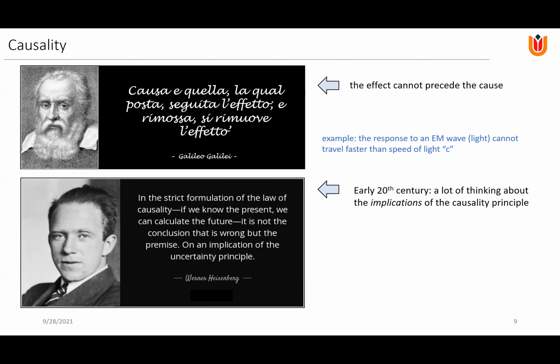The implications of this causality principle were given a lot of thought in the early 20th century by Heisenberg, whom you all know from his uncertainty principle.